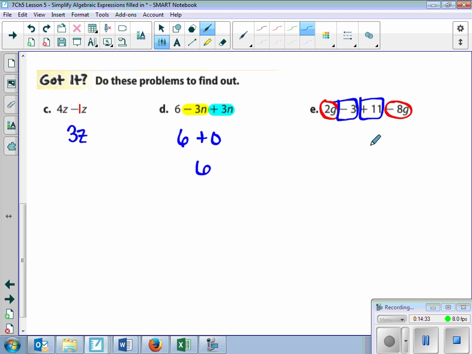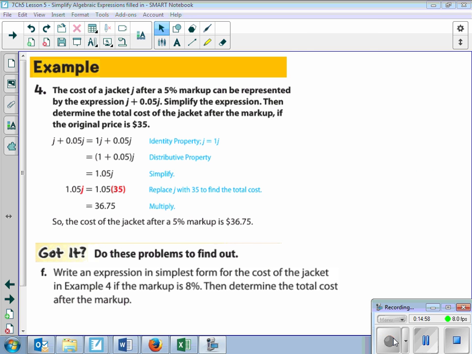So then you can see what your like terms are, and what you're going to put together. So 2g minus 8g is negative 6g. Very good. And then negative 3 plus 11 is positive 8.